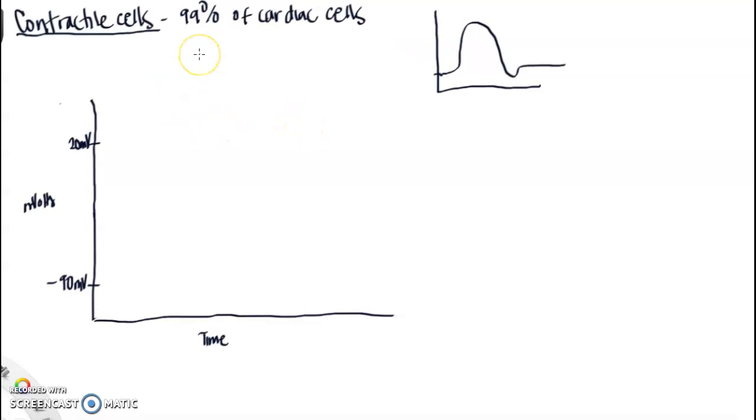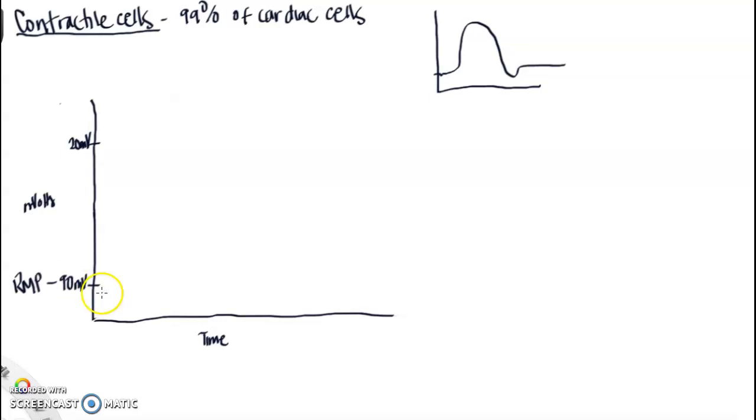Well, contractile cells do it a little bit differently. Contractile cells' resting membrane potential is at negative 90. And contractile cells depolarize when they're told to.